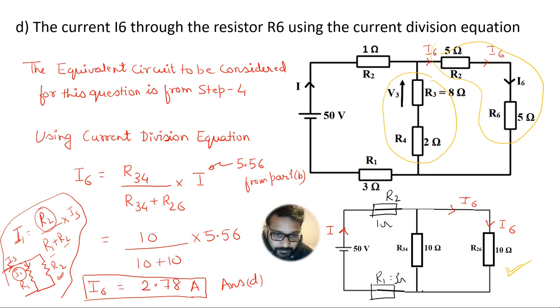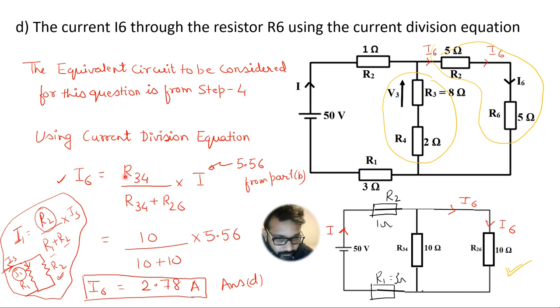Now if we apply this equation to find I6, I have to consider R34 on the top.